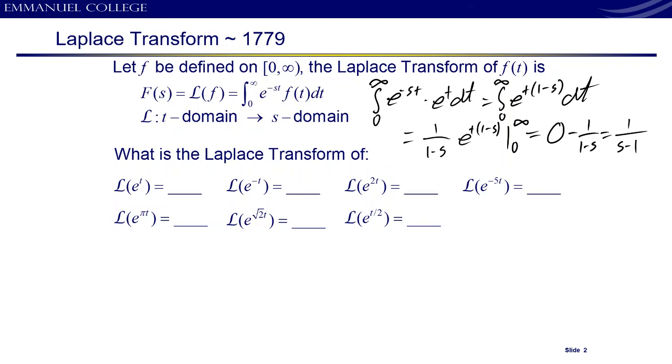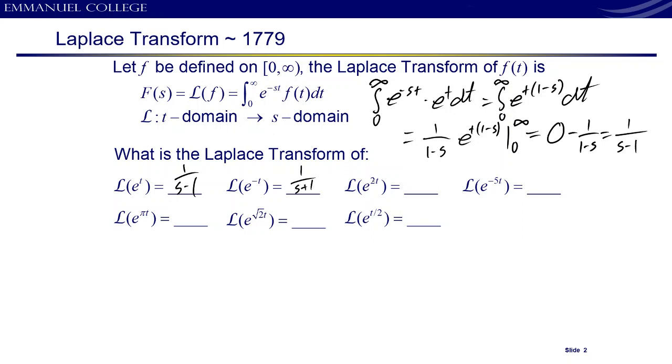Pretty straightforward for this first one. So then what if I did e to the negative t? The only thing that changes is this is going to be a negative 1 as opposed to a positive 1. So when we distribute the negative, that becomes 1 over s plus 1.